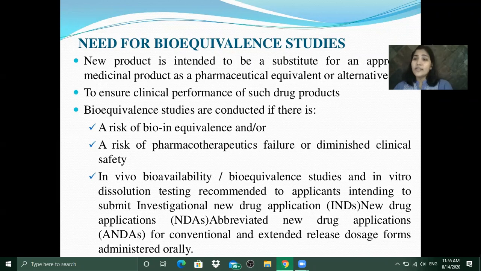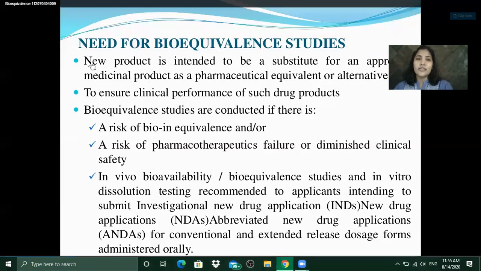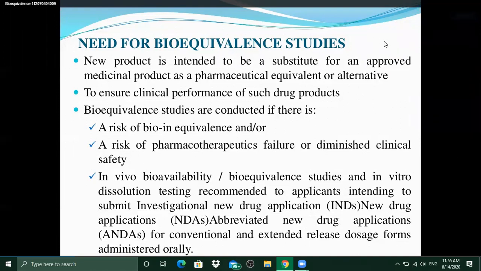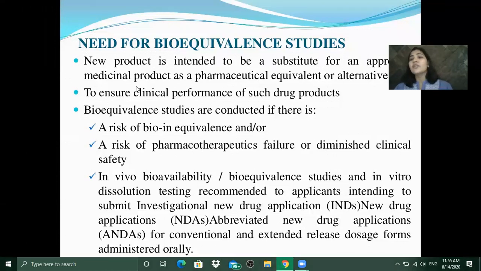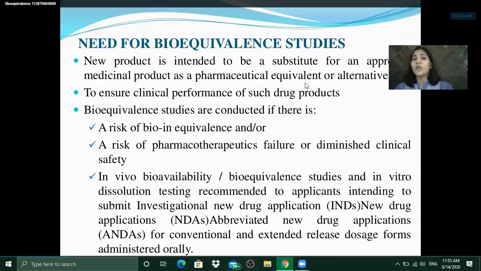So what is the need of bioequivalence studies? A new drug product is intended to be a substitute for an approved medicine product as a pharmaceutical equivalent or alternative. Basically, you would want to substitute one drug with another, so you will be doing this for an alternative treatment to the drug which is already available in the market.